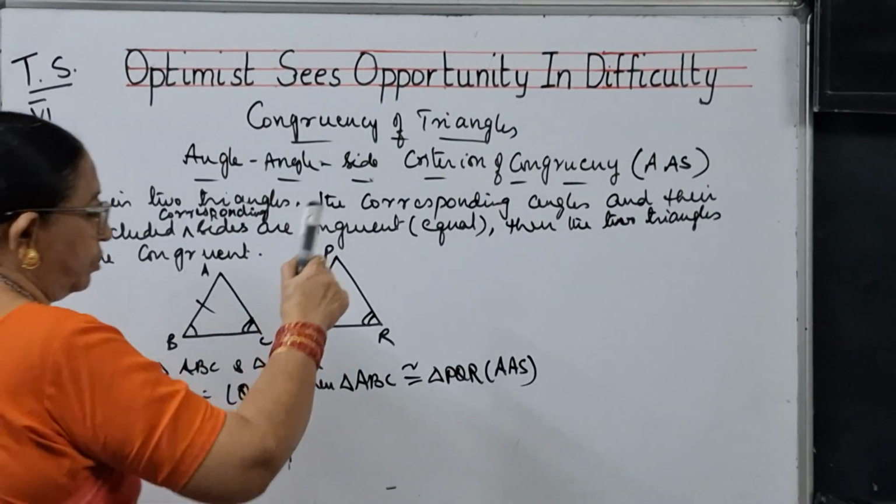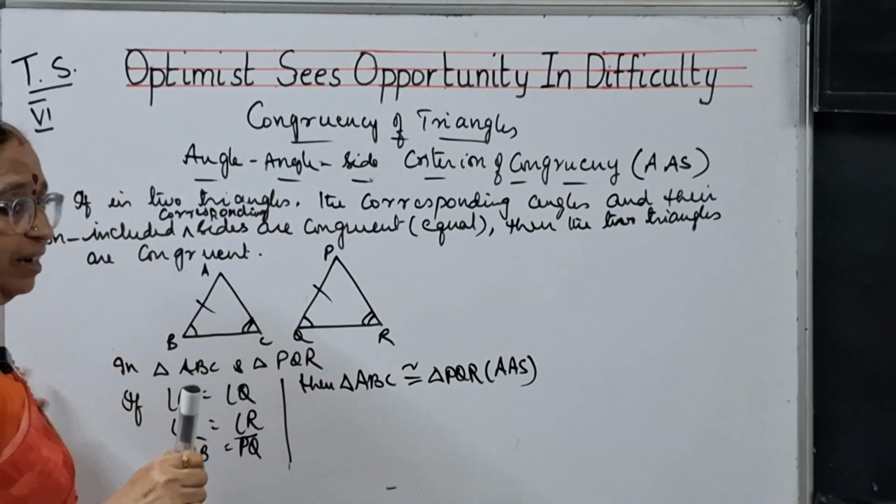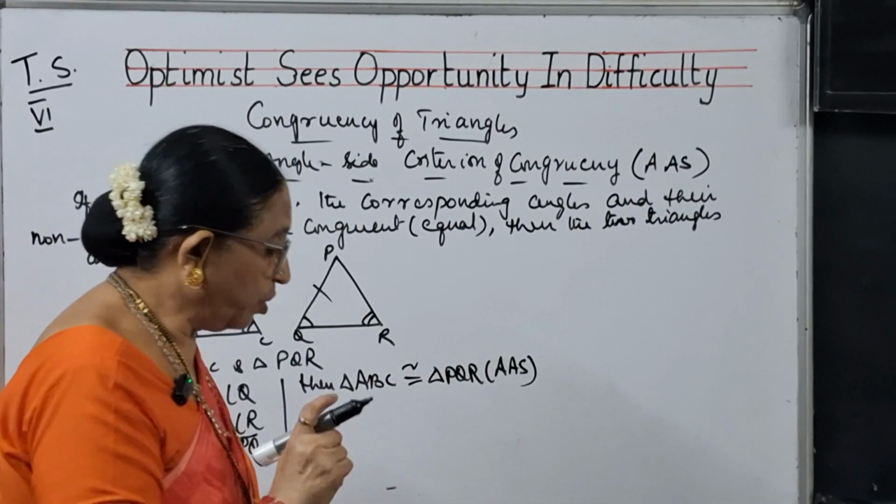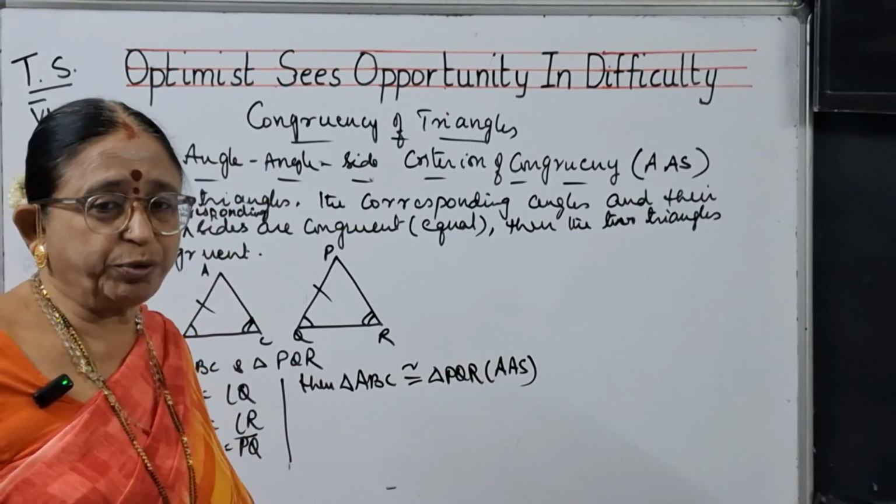So these are the two properties, angle side angle and angle side property. Basing on this, you are having the next problems.